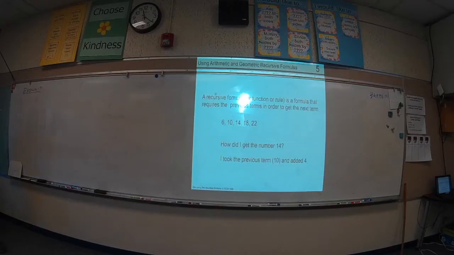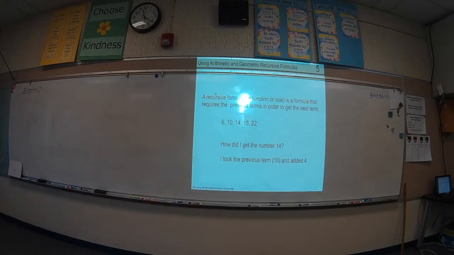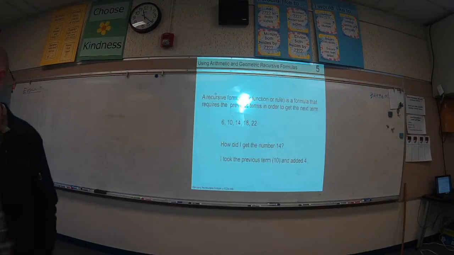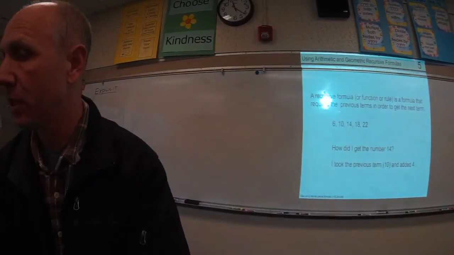The explicit formula, when we're looking at geometrics and arithmetics, is incredibly clear. If you plug in the term, out comes the value. If you want the first term, you plug in a 1. If you want the third term, you plug in a 3. If you want the 100th term, you plug in 100.